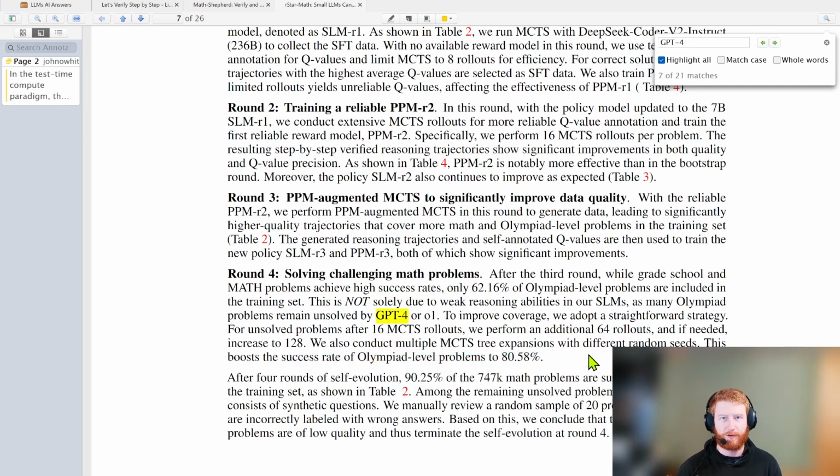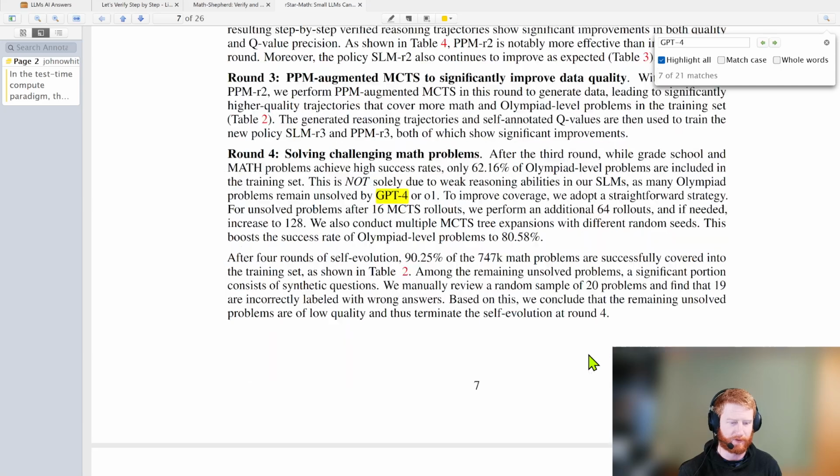So this self-evolution step, this gradually improving your policy model that's predicting the next step and your preference model that's choosing which step is looking better, more promising, those two together build on each other and you just get this improvement over time.